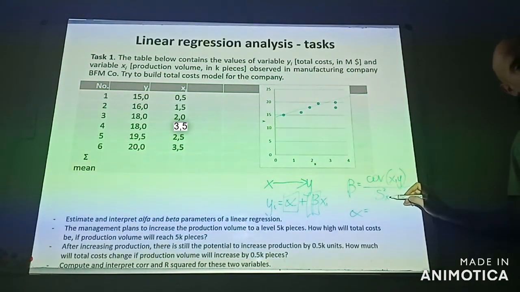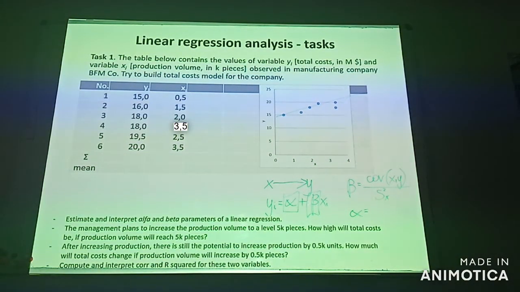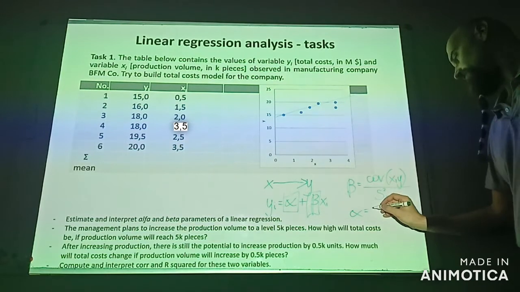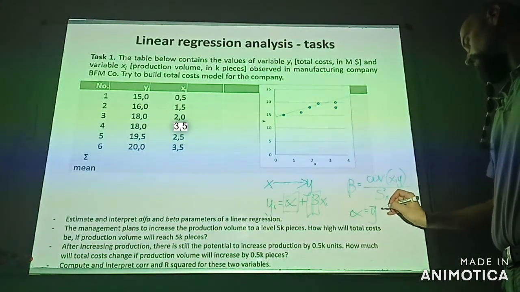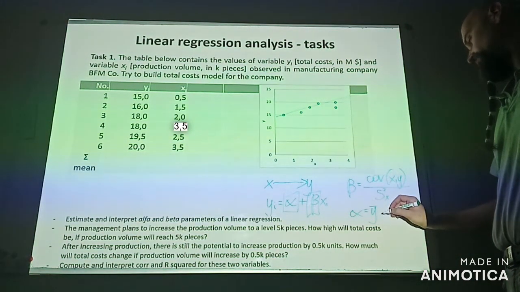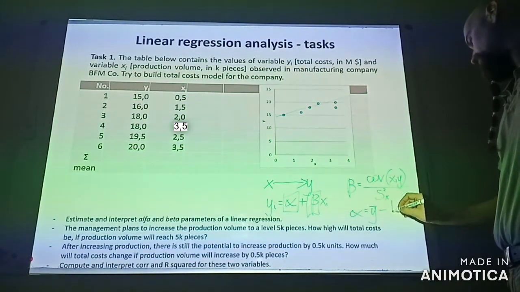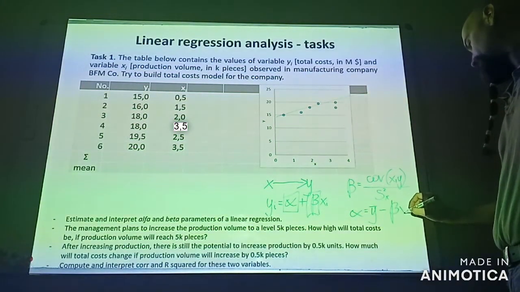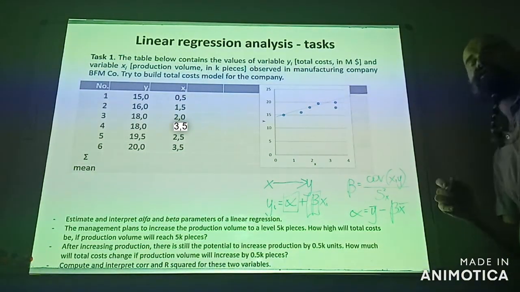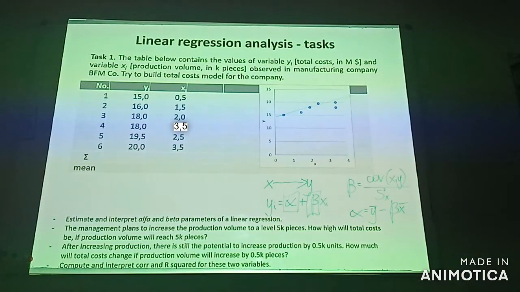And here we have the variance of production volume. And alpha is the arithmetic mean of the total costs minus the beta parameter times the average level of production.